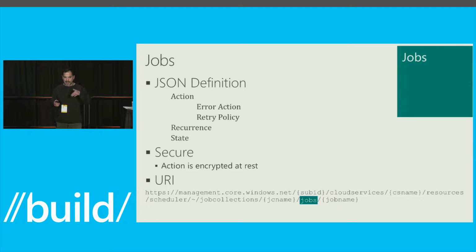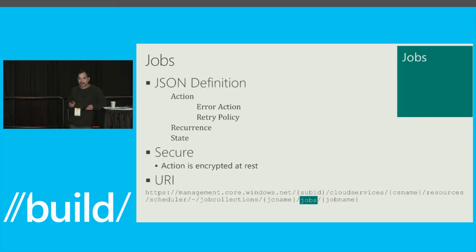At the next layer down, we have our jobs. The jobs is essentially a JSON-defined document that helps you describe the scheduled job that you want to execute. So it has an action. That action describes the type of invocation that you want to have. You can have optionally an error action and a retry policy.